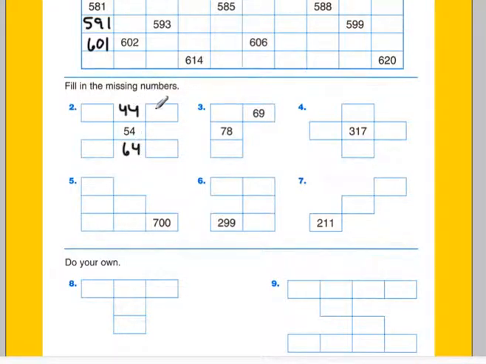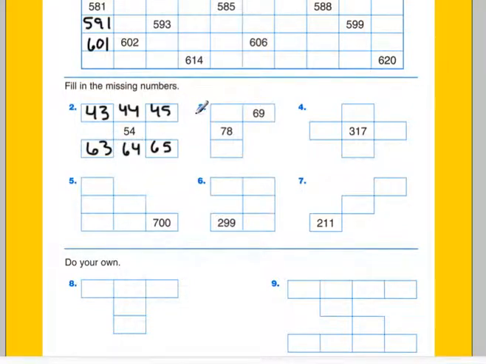I know that one number to the right of 44 would be 45, and one number to the left of 44 would be 43. So if I were to have this on an actual full number grid, it would be 43, 44, 45. Down here where I have other boxes, I know that the neighbor to the right of 64 would be 65. And then the neighbor on the left would be 63.